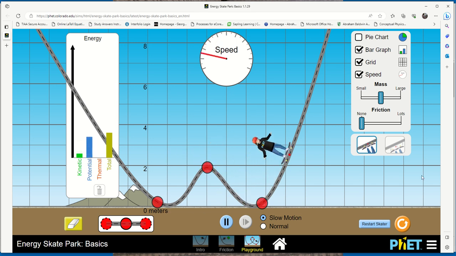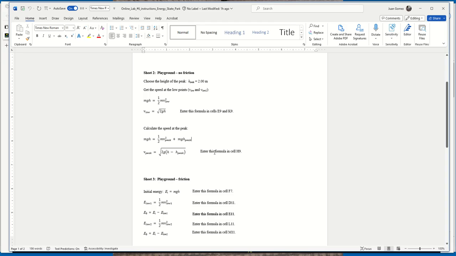We're assuming the ground is the reference point. So right at the peak, he has kinetic and potential because he's moving and he's above the reference point. So the energy at the peak is given by the kinetic plus the potential. Well, we need to solve for V peak. You get that formula. That needs to go in H9.